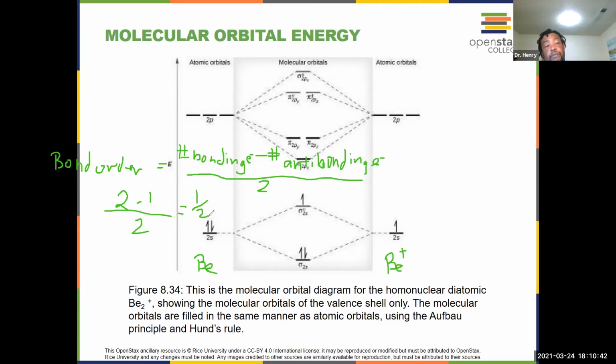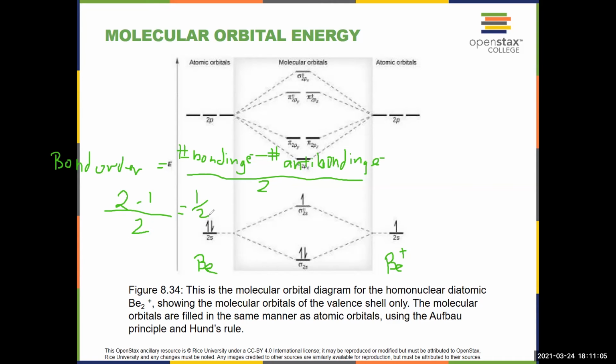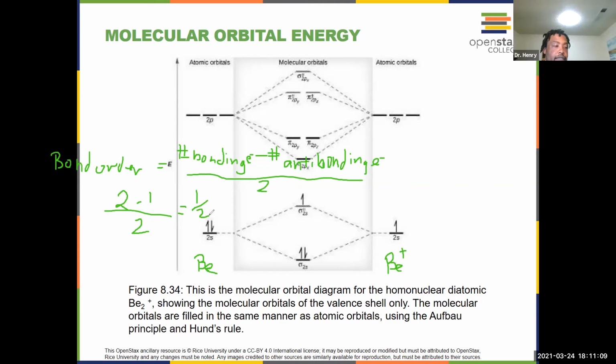Okay, so if our bond order is 1, it's going to be a single bond. If bond order is 2, it's going to be a double bond. If our bond order is 3, it's going to be a triple bond. And that's the most that we can have. Are you with me? Yeah. Okay. But we got a half. Have you heard of a half a bond?